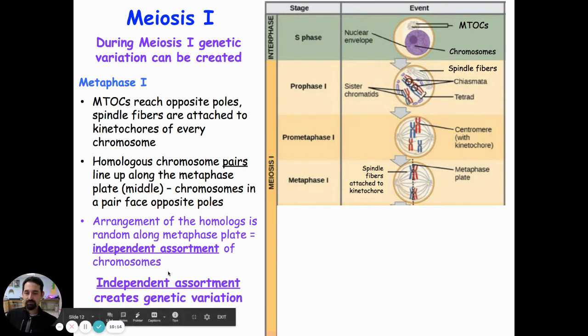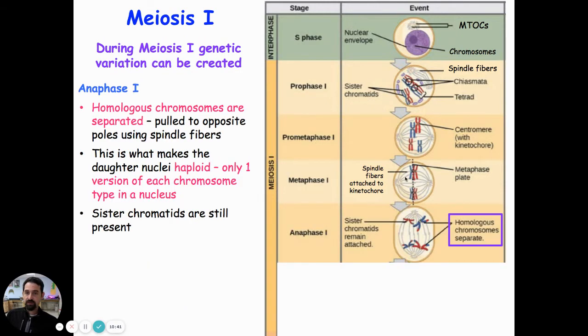This side doesn't get all of your mother's homologs, and this side does not get all of your father's homologs. They are independently separated. Each one just gets lined up and handed off one way or the other. Because it's random, that creates a lot of genetic variation.